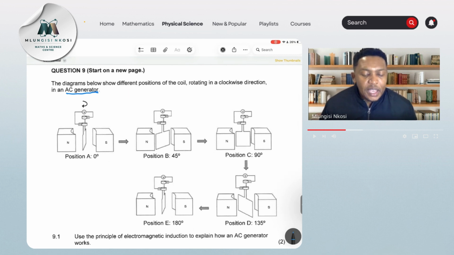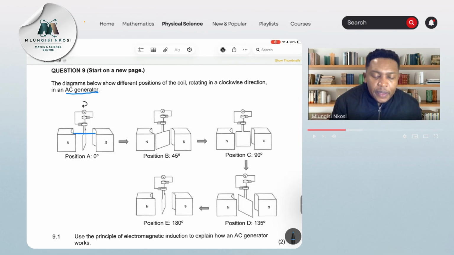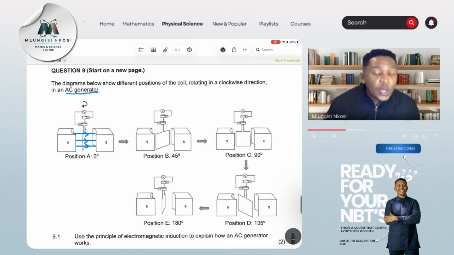Now notice in this case that we've got the magnetic field moving from north to south. And notice that the angle between the magnetic field and the position of your armature is 90 degrees in that case.